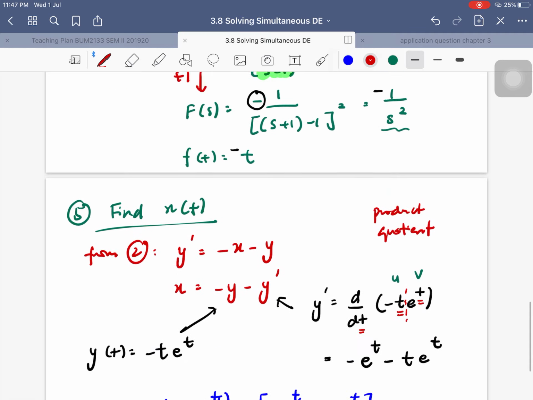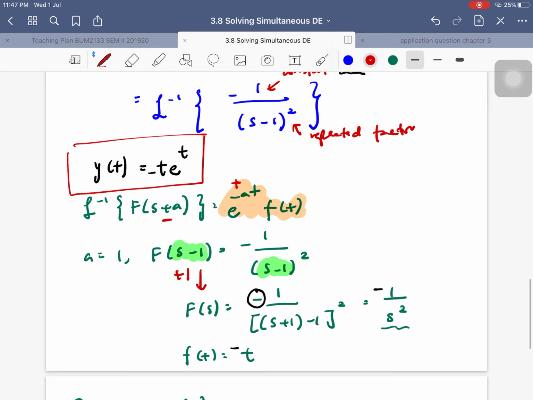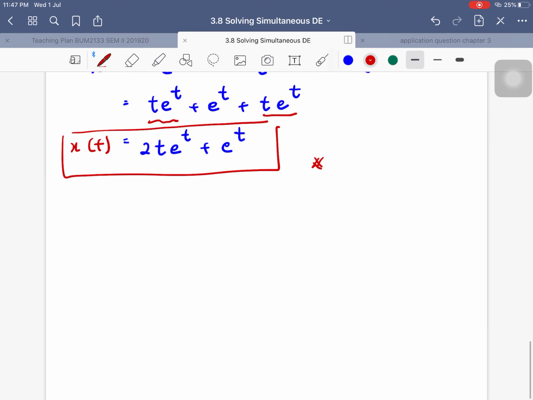It's a very lengthy calculation, of course, because you have to find two values. There will be Laplace, there will be Laplace inverse, but now you are dealing with two equations. But the marks will be with it. So if the calculation is long, the marks are going to be a lot as well.